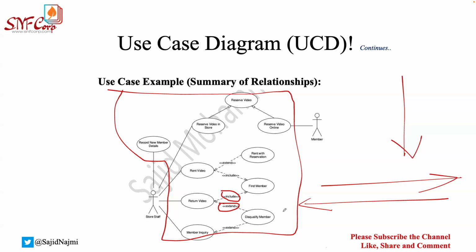For someone it is easy to draw top to bottom, go ahead, bottom to top, go ahead, left to right, right to left, doesn't matter. You only have to provide these relationships clearly and well defined, so that whoever is looking at these diagrams can easily understand what you mean by those things.